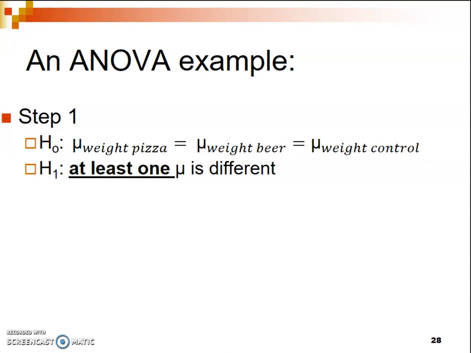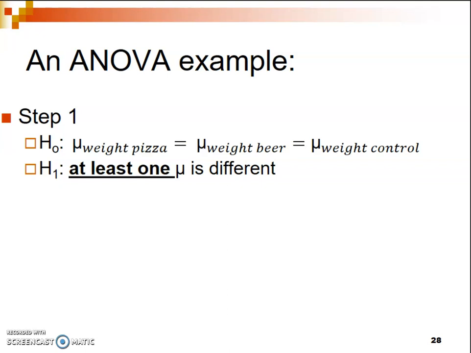But that is not the only possibility of the null hypothesis being wrong. So there are actually several different ways in which the null hypothesis could be wrong here. So one possibility is that maybe just the pizza diet led to different amounts of weight gain. Another possibility would be maybe just the beer group led to a different amount of weight gain.